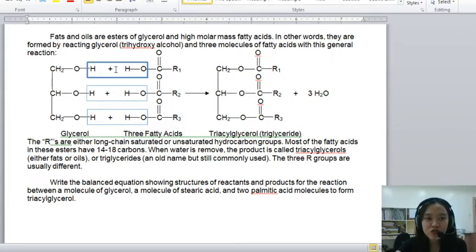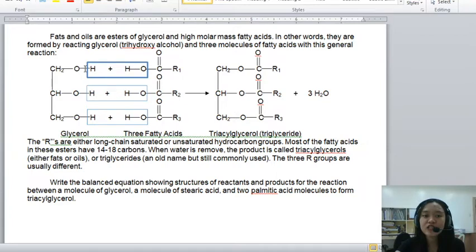Kasi, H2O, isa, H2O, pangalawa, H2O, pangatlo. So, nakaproduce ka ng tatlong water molecules and a product called triacyl glycerol or triglyceride. Meaning, combination na yung glycerol and 3 fatty acids. So, yan yung structure nila, okay?